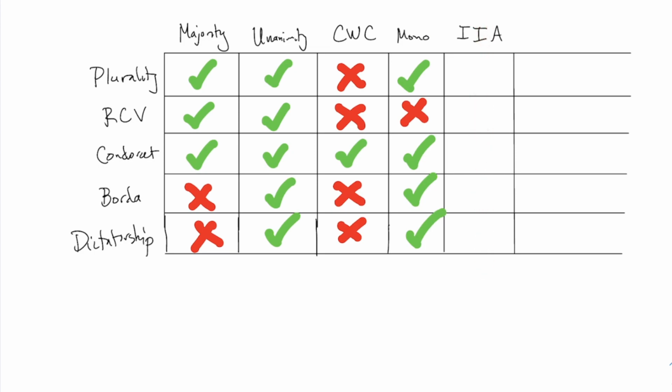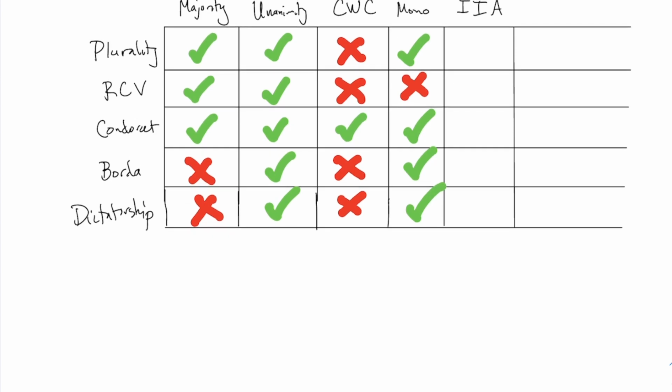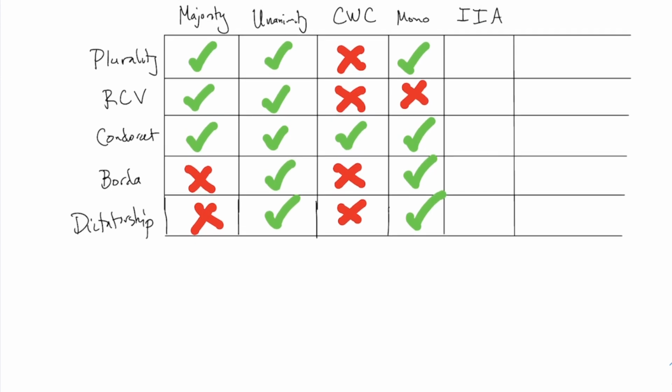This, like I said, is another criterion which is based on people changing their mind. The general idea of monotonicity is if I change my mind to raise somebody up, then in the results, they should be raised up or maybe stay the same. The IIA is not about raising somebody up specifically. I'll tell you what it stands for.